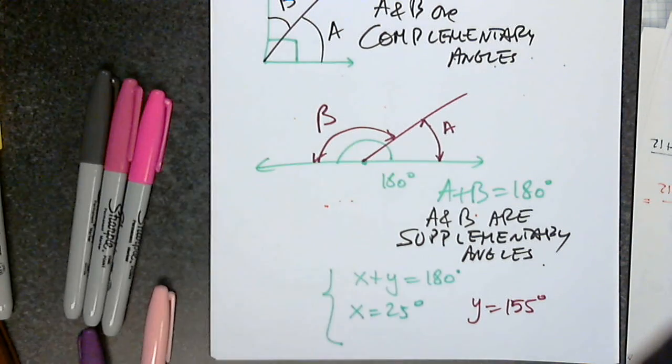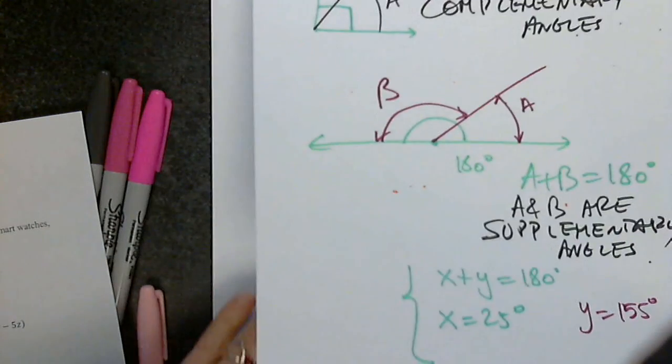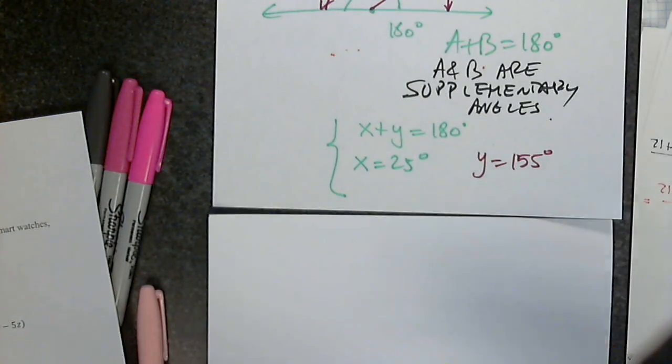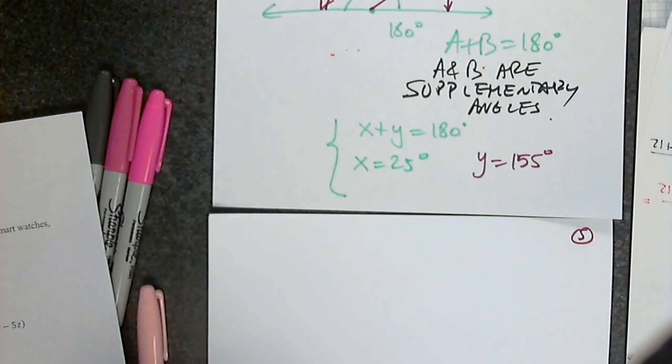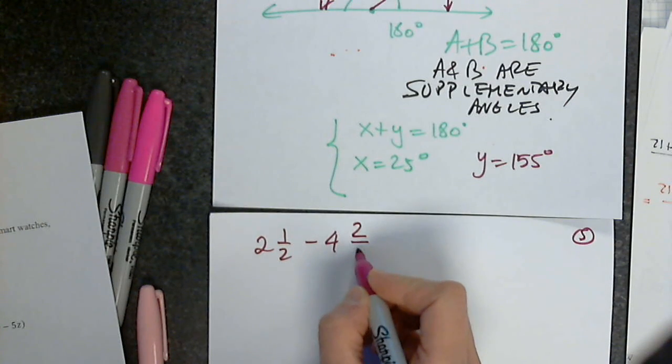Perform the operations with mixed numbers and fully simplify the answer. That's our next step. So 2 1/2 minus 4 2/3.